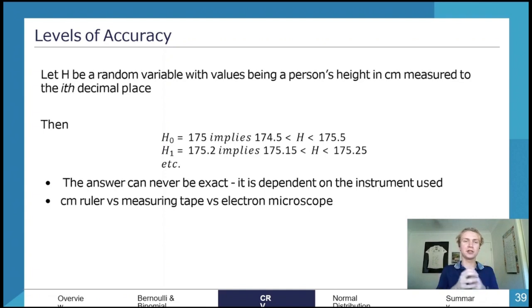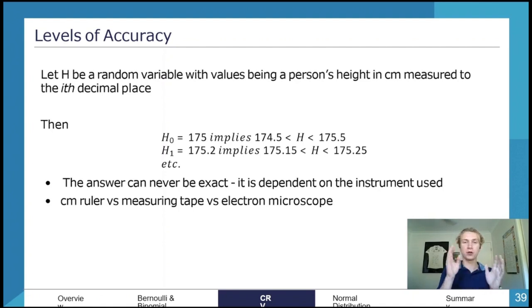It's actually a range of probability, and it's equal to half of the most accurate measurement. So if I'm measuring in centimeters, it's going to be half a centimeter either side. Conversely, if we had millimeters, it would be 0.5 millimeters, for example.